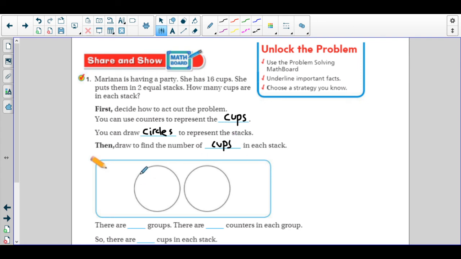So here we go. We'll just make a tally mark, which I think is sometimes the best route to go.